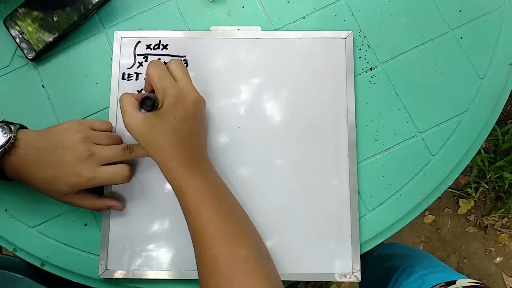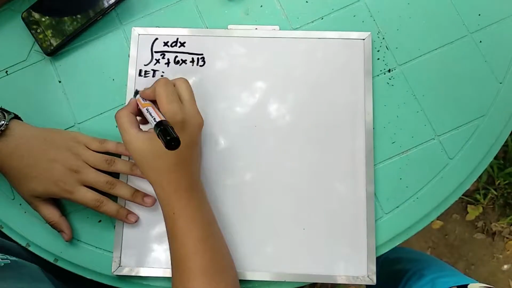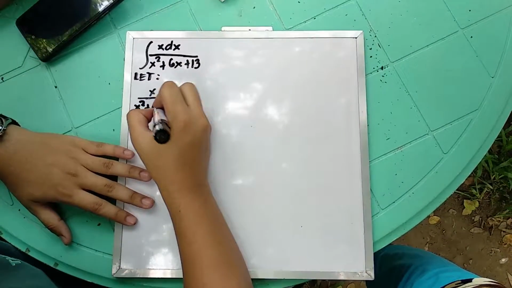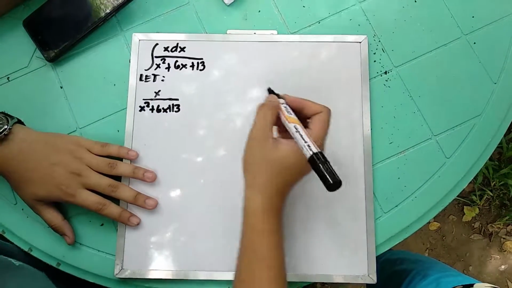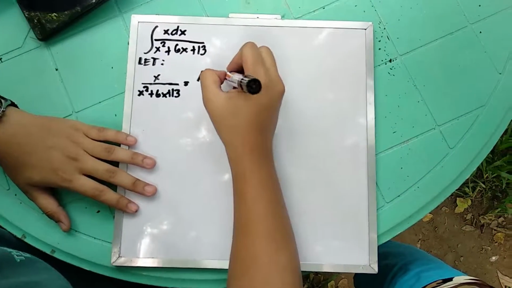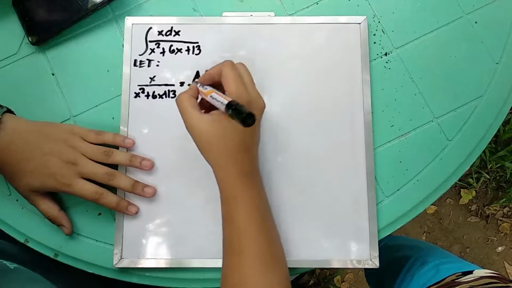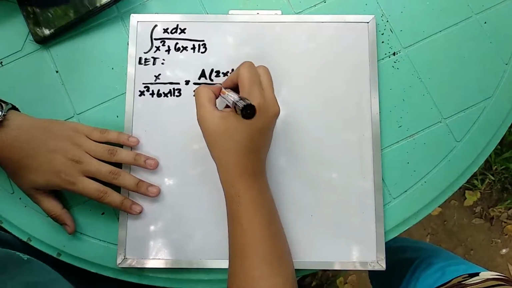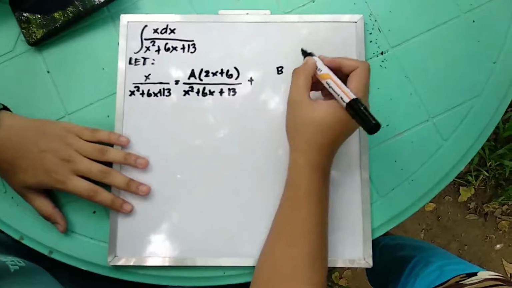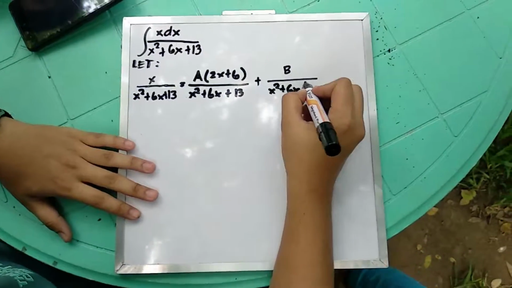The integral of x dx over x squared plus 6x plus 13. Using the partial fraction decomposition form, we get x over x squared plus 6x plus 13 equals A times (2x plus 6) over x squared plus 6x plus 13 plus B over x squared plus 6x plus 13.